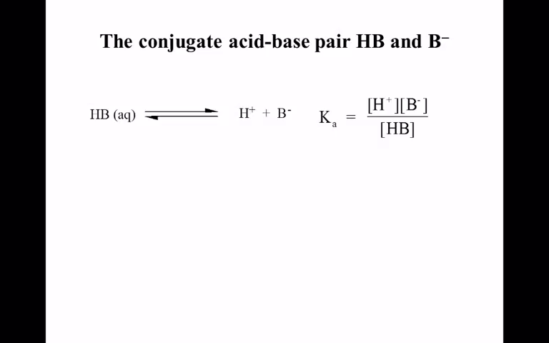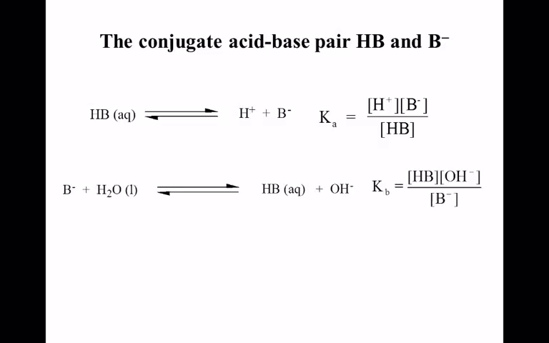And this is showing a weak base, where B minus abstracts a hydrogen from a water molecule to form HB and the hydroxide ion. Here we have a conjugate acid-base pair. They differ by a proton. And here we have a conjugate acid-base pair. They differ by a proton.